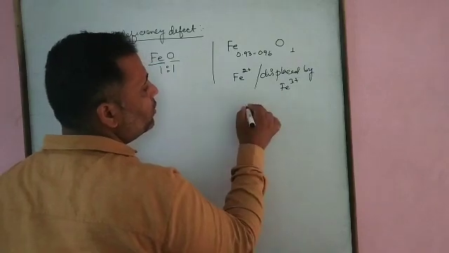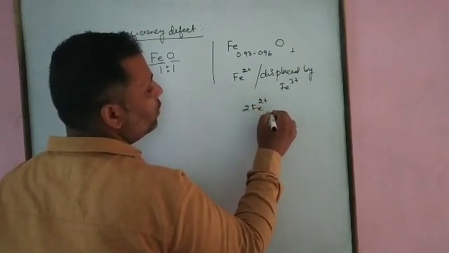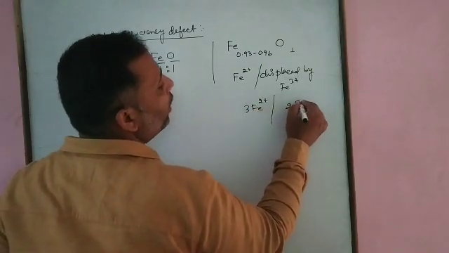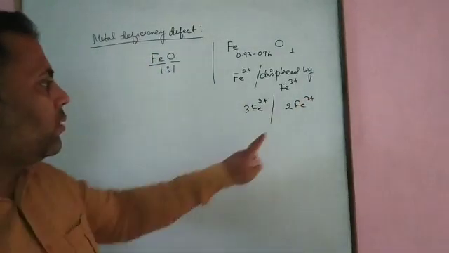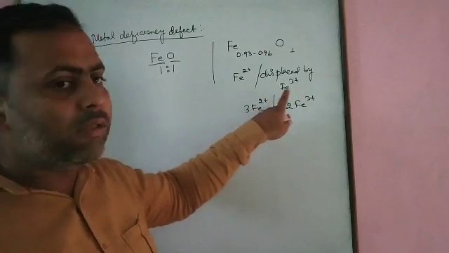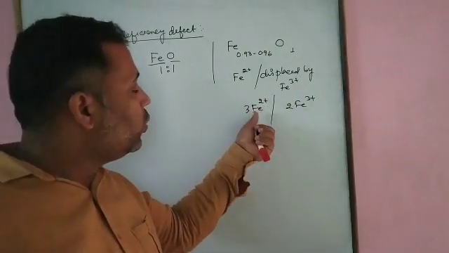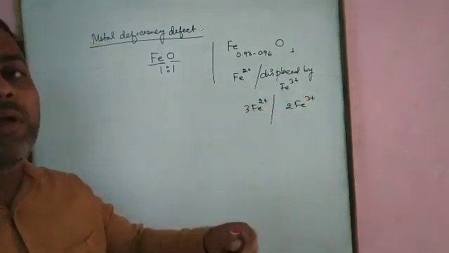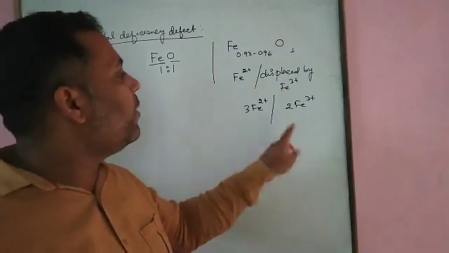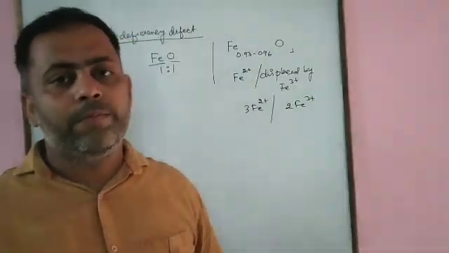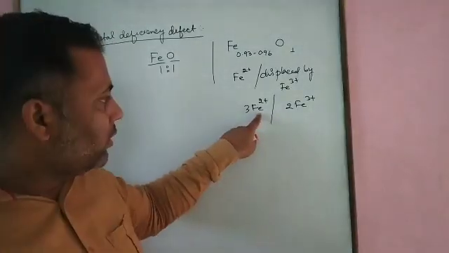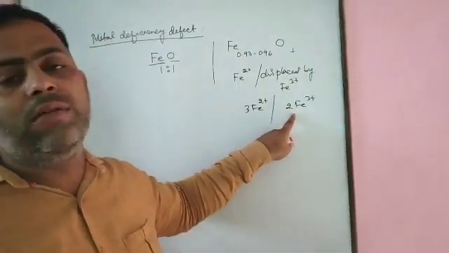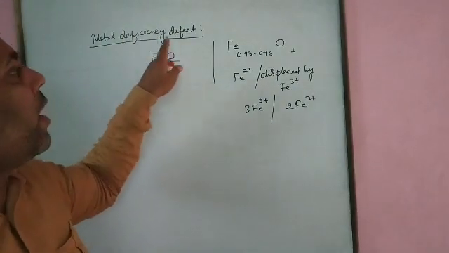If we want to displace 3 Fe2+, it will be fulfilled by 2 Fe3+, because 2 times 3 is 6 and 3 times 2 is 6. If 3 Fe2+ cations are removed, their vacancy can only be satisfied by 2 Fe3+ cations. Due to this, 3 iron are displaced by 2 iron, so there is deficiency of metal. It is termed as metal deficiency defect.